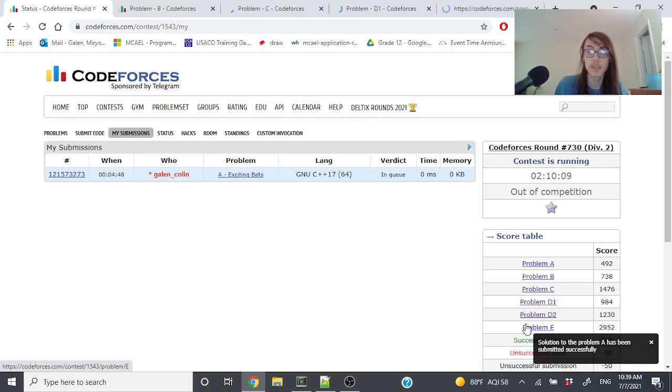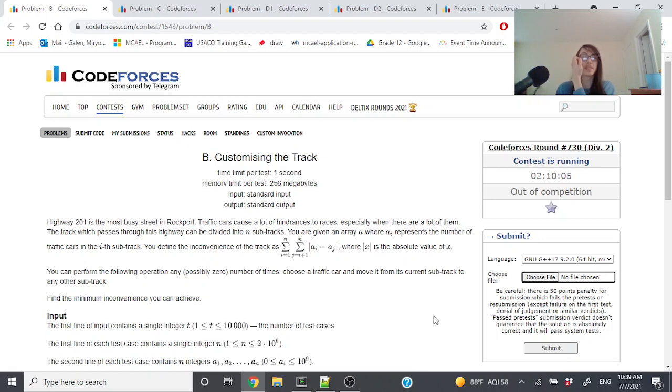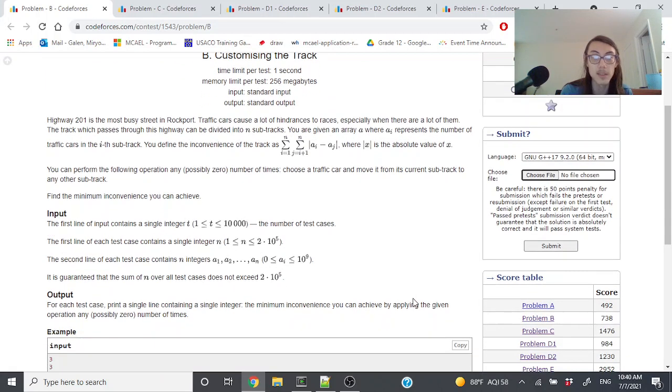D has subtasks. Last time E had subtasks, and E was hard, so maybe D is hard this time. Highway 201 is the most busy street in Rockport. Traffic cars cause a lot of hindrances. You have an array A, where A_i represents the number of traffic cars in the ith track. The inconvenience is the sum of the absolute differences.